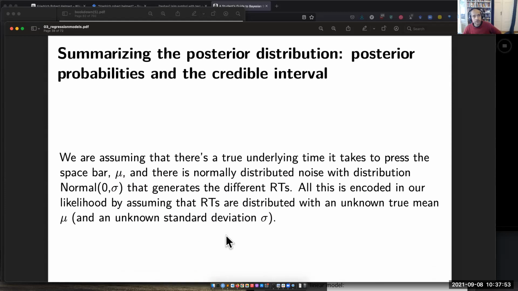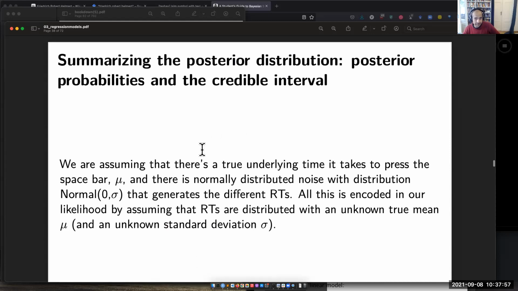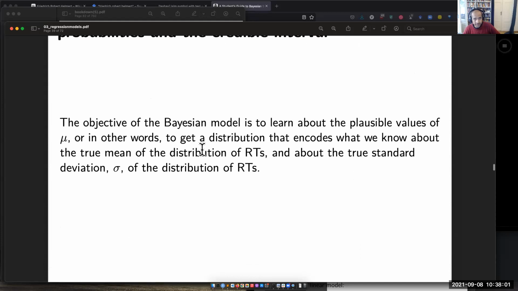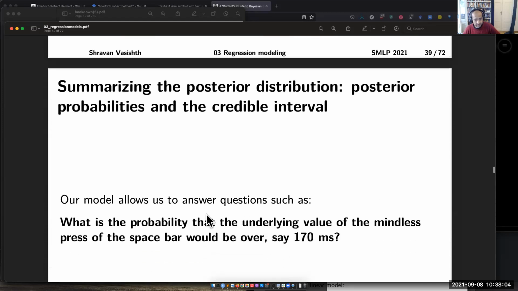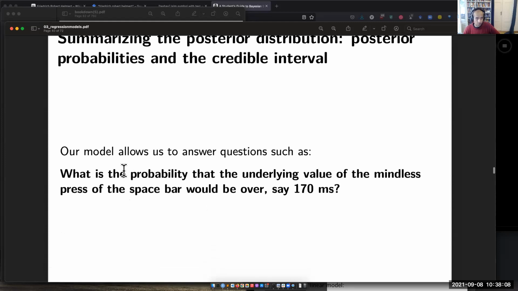All right. So one question that usually comes is how to summarize the posterior. The way you would summarize it is that you just extract the mean and the 95% credible interval. And you can also ask questions like, what is the probability that the underlying value of mu is over, for example, 170 milliseconds?